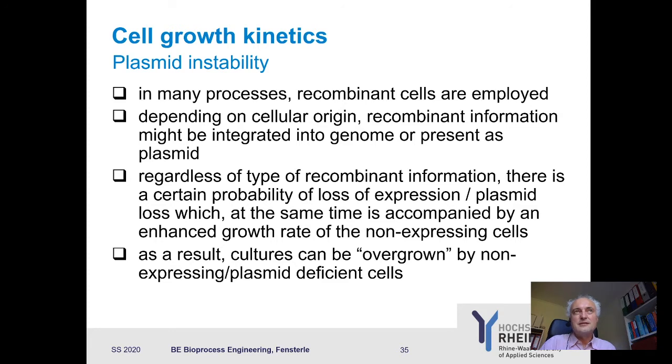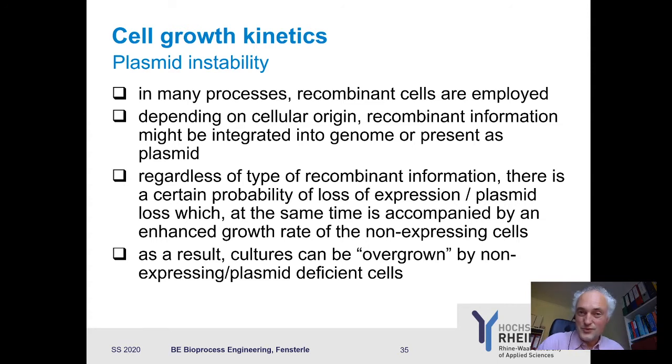Therefore, in your culture, you might observe that more and more the non-plasmid carrying bacteria overgrow the plasmid expressing ones. Having the plasmid producing the protein requires energy because you have to produce more than the other cells. So cells without plasmids usually are better and can grow faster.